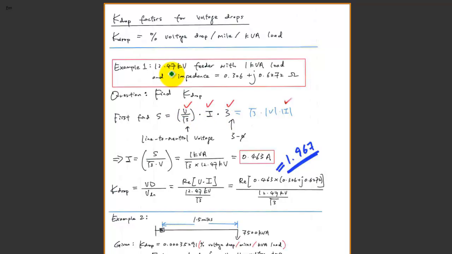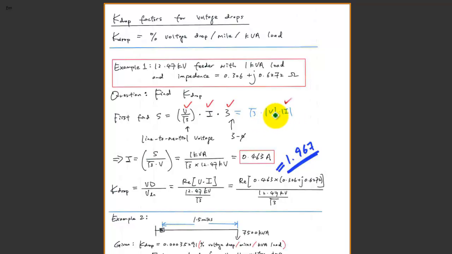Usually this voltage is given as a line voltage, so we have to divide it by square root of 3, and since we are dealing with three phase, we multiply by 3. So this is a typical equation you see in power engineering: square root of 3 times the voltage magnitude and the current magnitude.